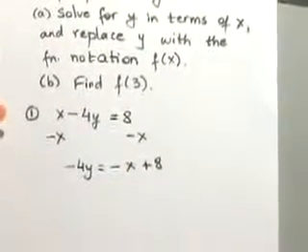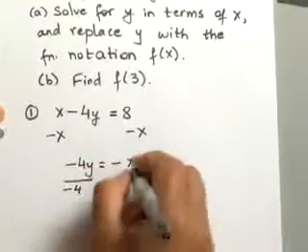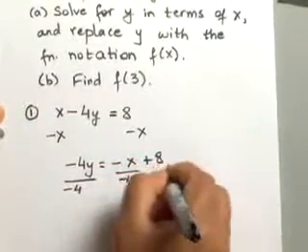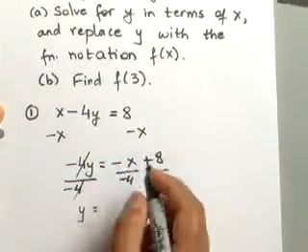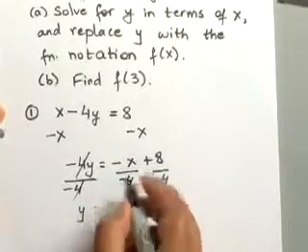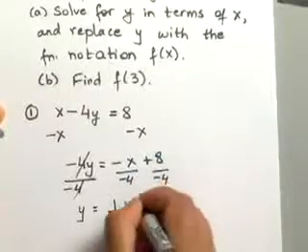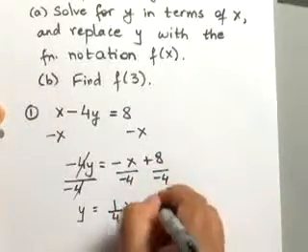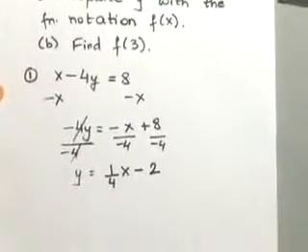Then you want to get your y by itself, so divide everything by negative 4. You'll end up with y equals, the two negatives will become positive and give you 1/4 x. Positive and negative will give you negative. 8/4 gives you 2. So you end up with y equals 1/4 x minus 2.